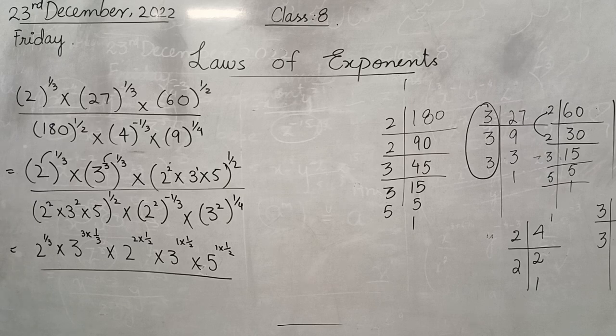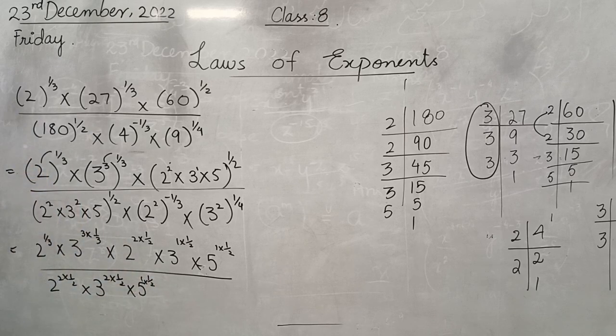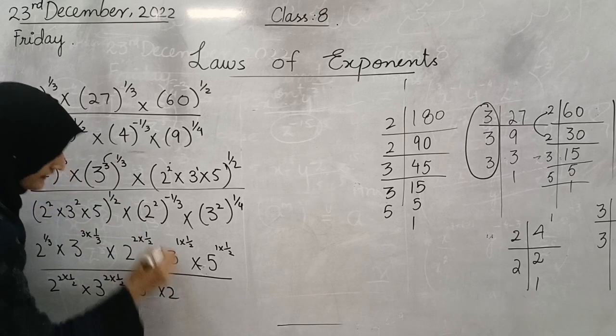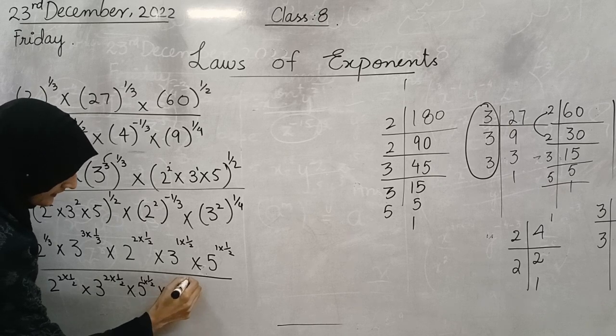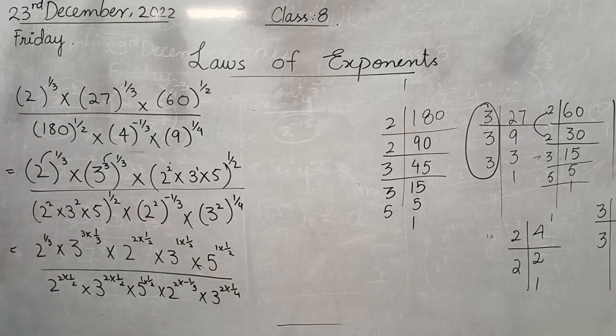Similarly, this 1 by 2 power will apply to each base: 2 raised to power 2 multiply 1 by 2, 3 raised to power 2 multiply 1 by 2, 5 raised to power 1 by 2, multiply 2 raised to power 2 multiply minus 1 by 3 and 3 raised to power 2 multiply 1 by 4. I applied all the powers to the bases according to the conditions.